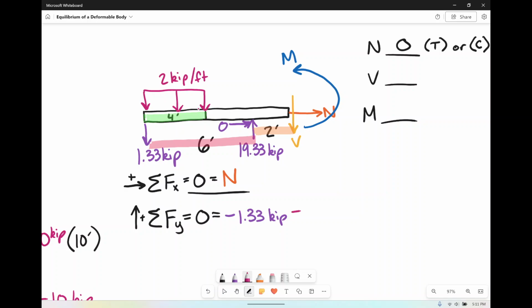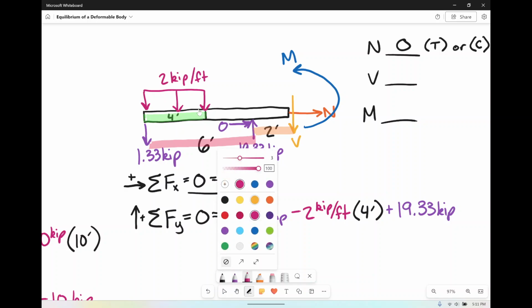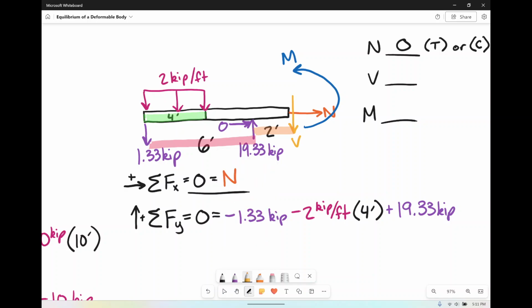We also have another minus of 2 kips per foot for our uniformly distributed load, and that goes across 4 feet. Moving along, we have BY going up. That's plus 19.33 kips. And then lastly, at the very end, we do have our shear, and our shear is going down, so minus V.